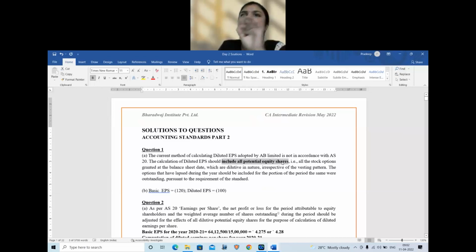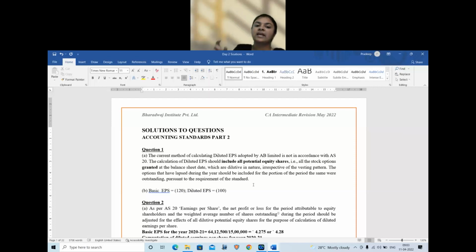In the word all potential equity shares, your answer key is satisfied. This is the keyword. Okay, all potential equity shares. That is all stock options granted on the balance sheet date, which are dilutive in nature, irrespective of the vesting pattern. The options that have lapsed during the year should be included for the portion of the period the same were outstanding, as required by the standard.